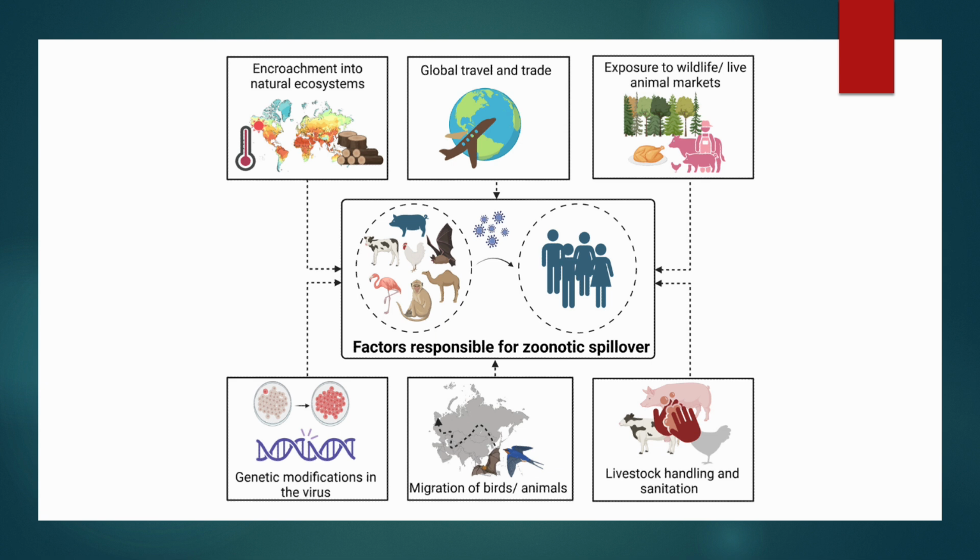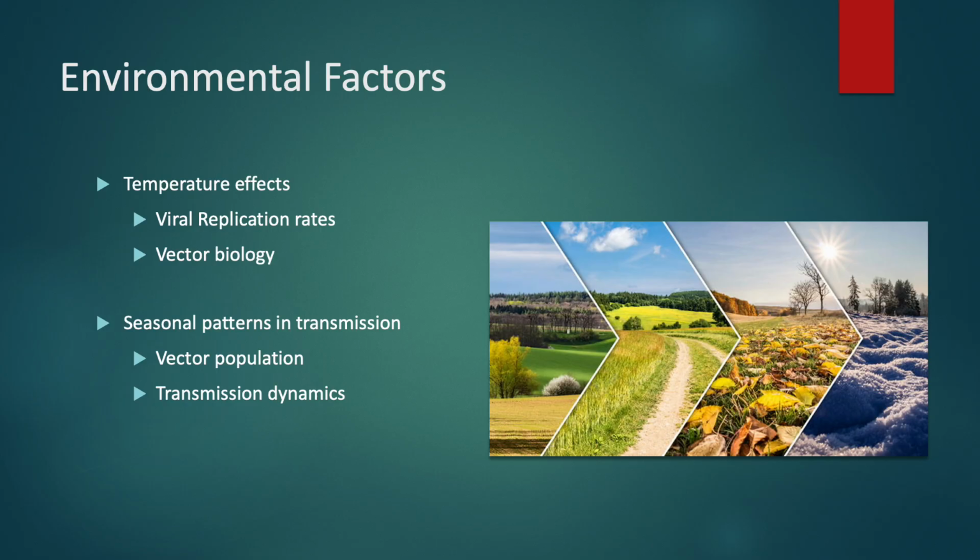With these many factors that I have listed here, that leads us to how environmental factors may impact diseases or disease outbreaks overall. We have temperature effects. Like we said, it can change the extrinsic incubation period. Different seasons may limit or enable when species come out.